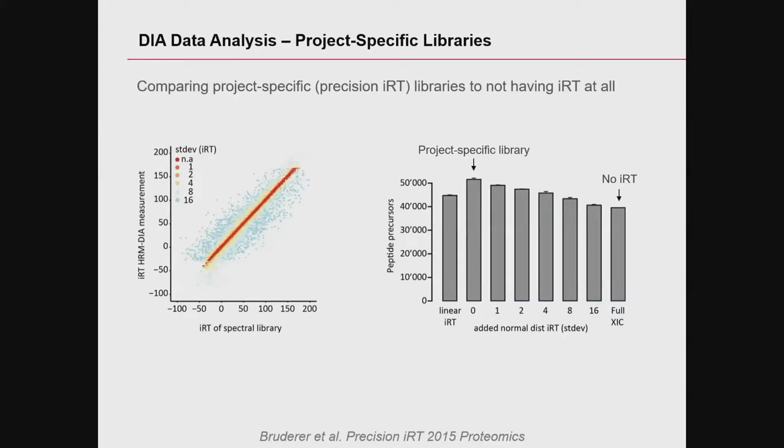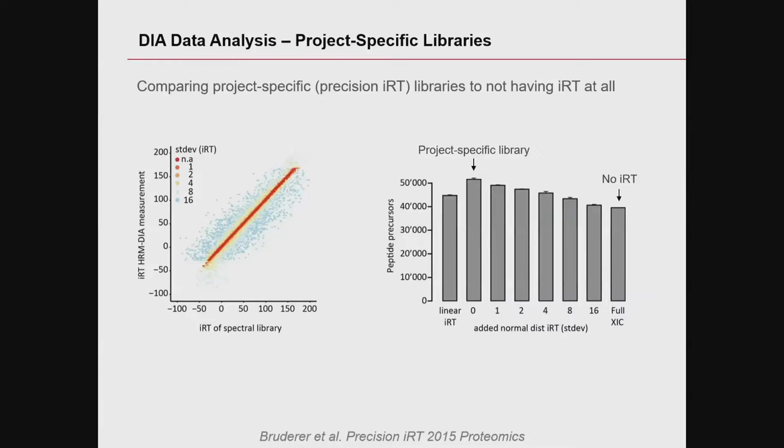And then here in this publication shown down here, we looked a bit more into that in a bit more detail. So here we took such a precision iRT library and we injected noise into these libraries in terms of iRT. And then we looked at the performance of this project-specific library with injected noise, so meaning going down here.